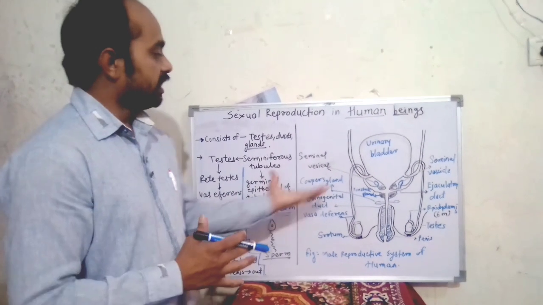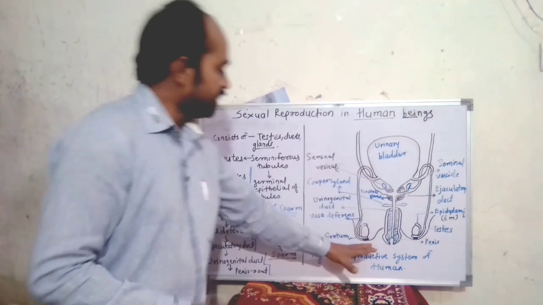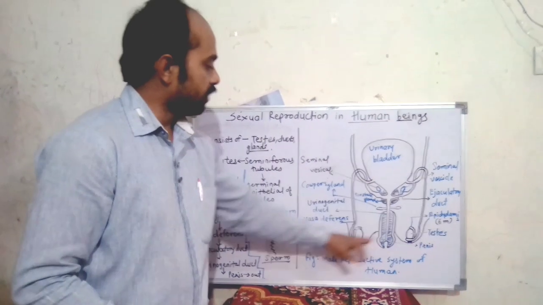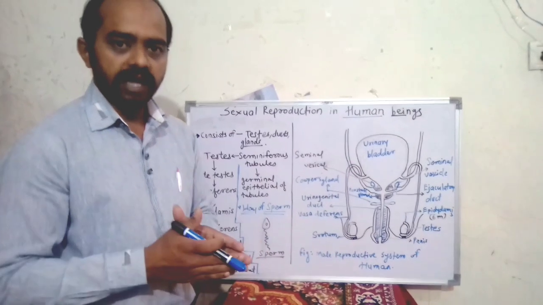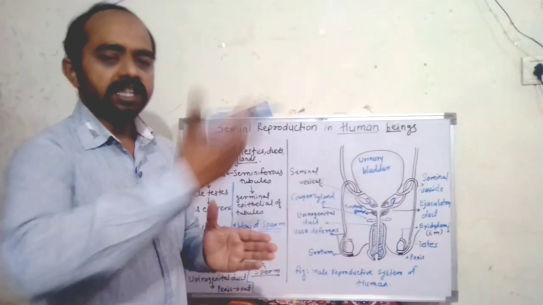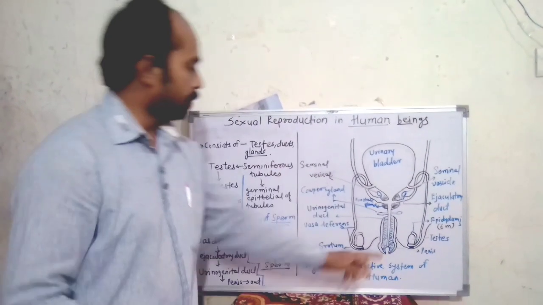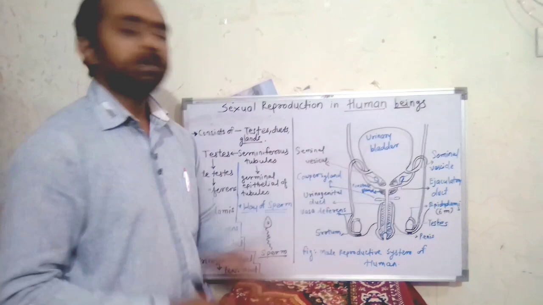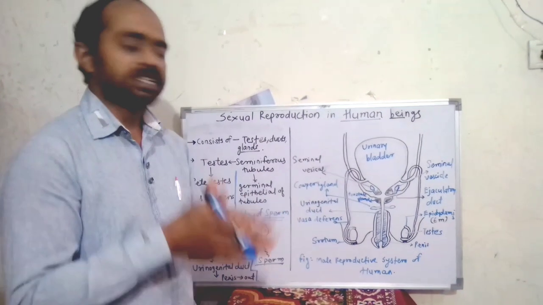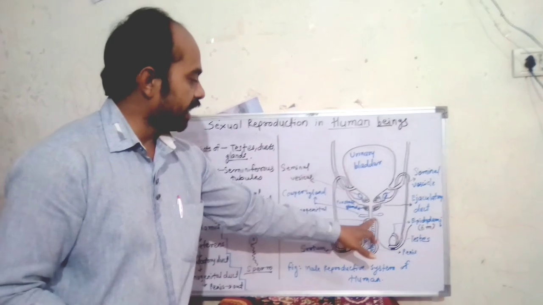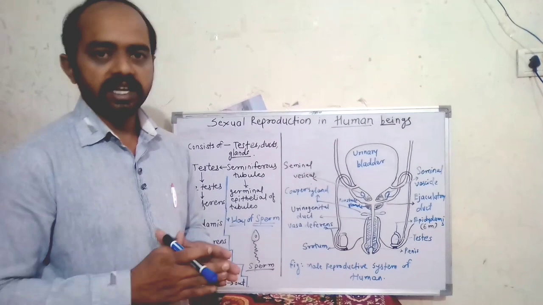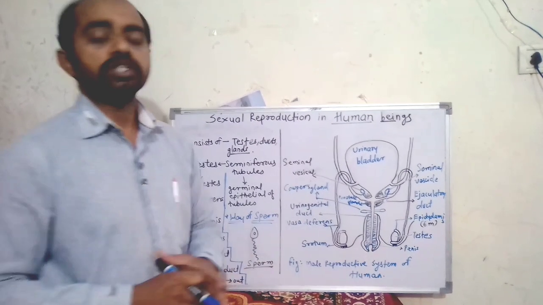Now, how is the semen formed? When the sperms are traveling from the testis to the ejaculatory duct, at every level these sperms get mature, step by step. The seminal vesicles secrete their secretions into the ejaculatory duct, and the prostate gland and Cowper's gland secrete their secretions into the urinogenital duct.